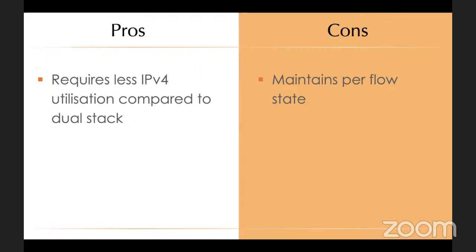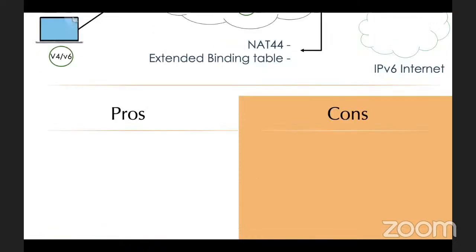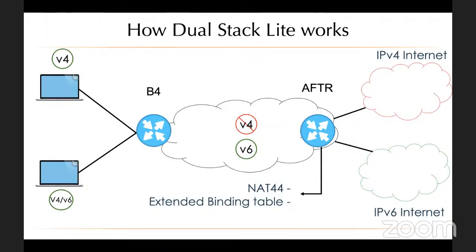In addition to that, with the extended binding table, you also need to know the IPv6 address of the CPE or the B4 device. If you go back to our diagram, remember, our access network is v6 only.